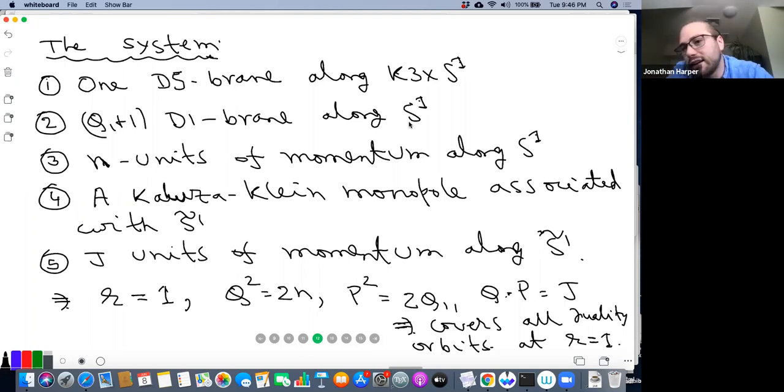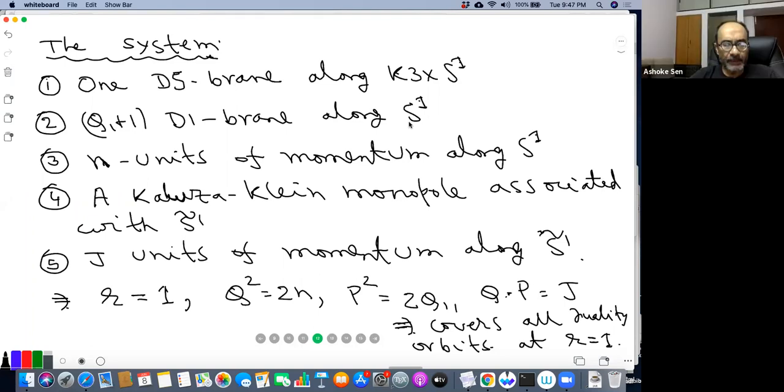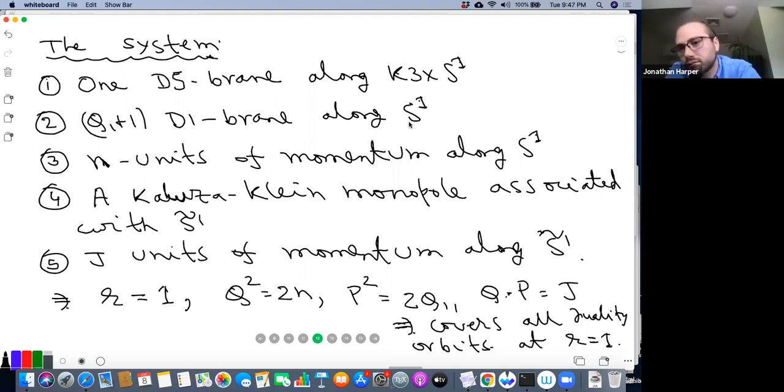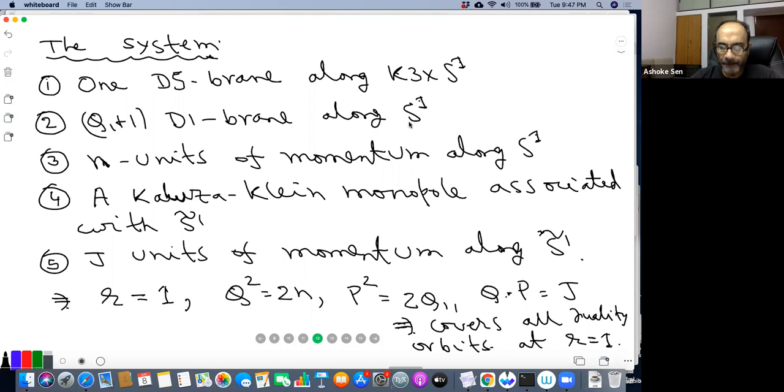So if you're interested in R greater than 1, presumably you need some other collection of objects? Yeah, basically, let me see if I remember correctly. One way to make R equal to 2, for example, is that you take 2 Kaluza-Klein monopoles and then replace this J by 2J, twice an even number.